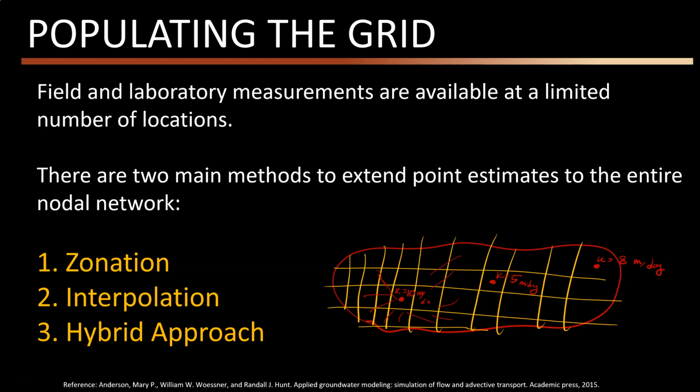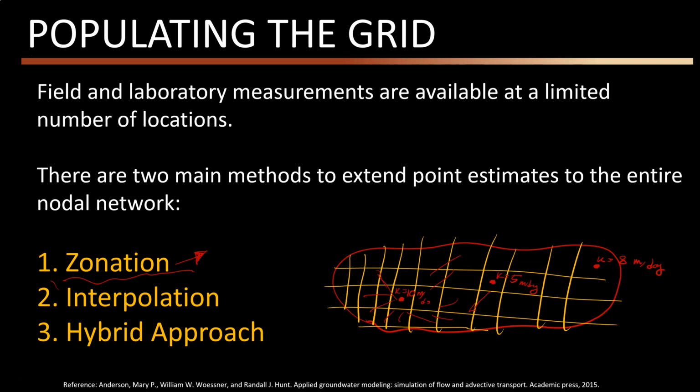Okay, so to take care of this and to extend these data and assign proper values to the remaining cells, there are three main groundwater techniques. The one is the zonation technique, which is a traditional and very common approach, and numerically it is more stable and fast.